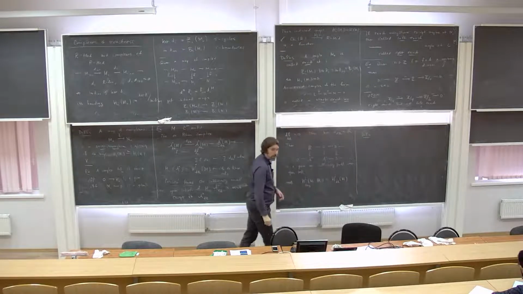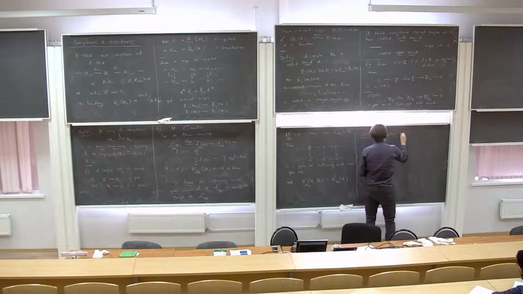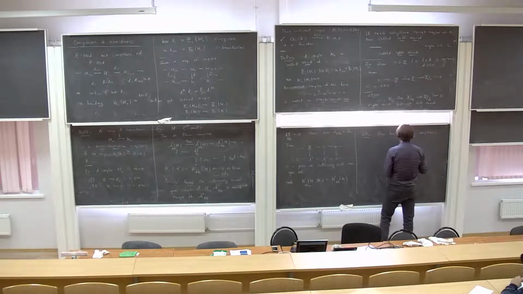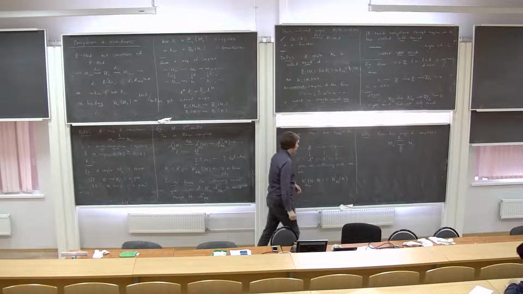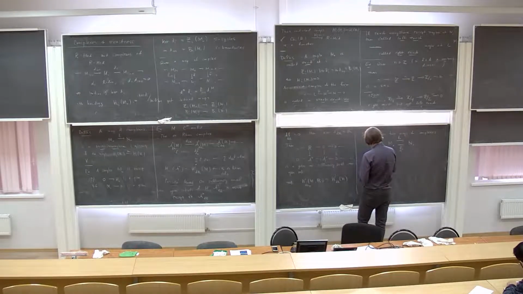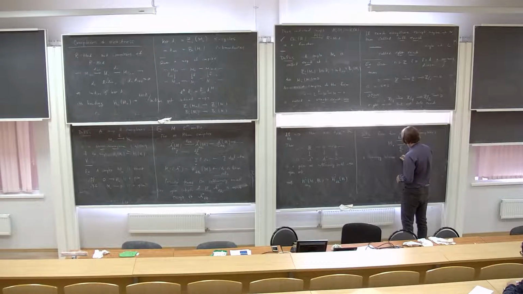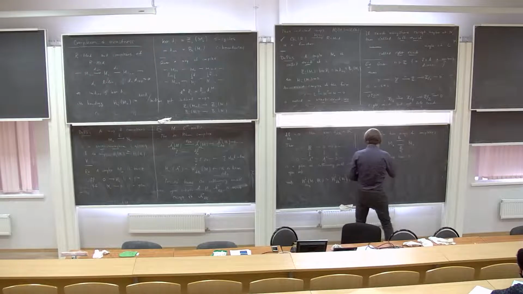Given two maps of complexes, let's call them F and G. A homotopy between them is the following. So it's a bunch of data.